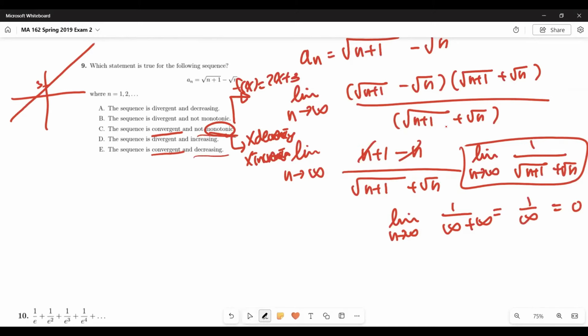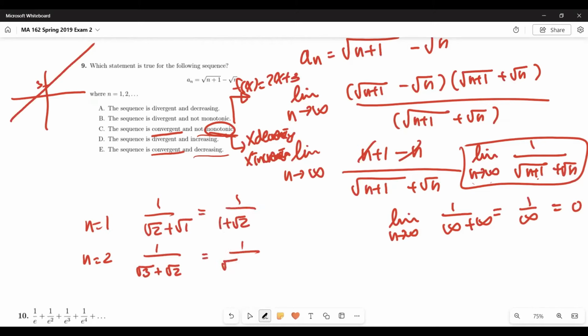So we have the limit as n goes to infinity of 1 over square root of n plus 1 plus square root of n. Let's plug in n equals 1. It becomes 1 over square root of 2 plus square root of 1. n equals 2 becomes 1 over square root of 3 plus square root of 2. So this is 1 over 1 plus square root of 2, and this is 1 over square root of 3 plus square root of 2.